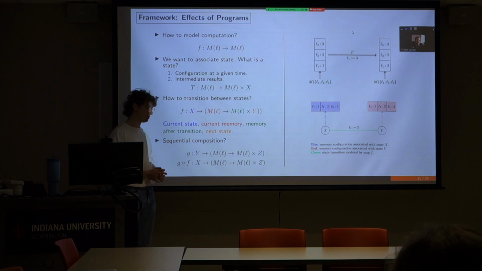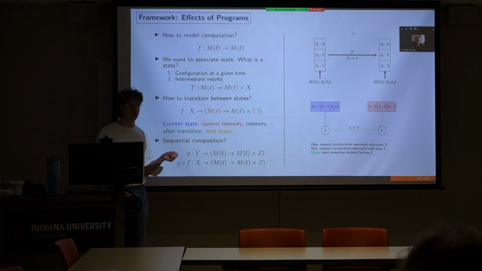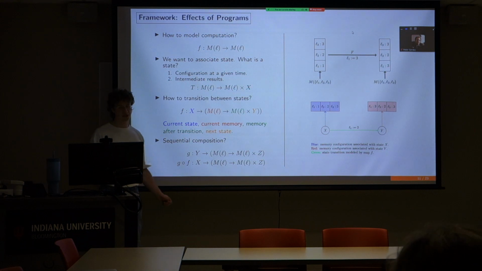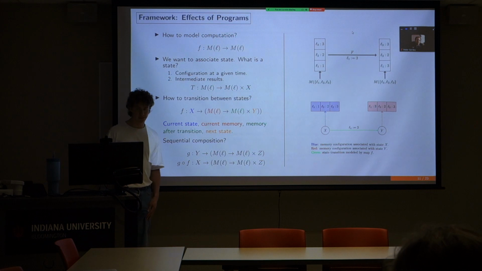Well, we start from the current state that is represented by the set X. Then we move from X to a map from the current memory configuration ML to a new memory configuration after we have mutated the memory in a certain way. But after this mutation, we also land in a different state, so we combine that new memory representation with a new state Y.